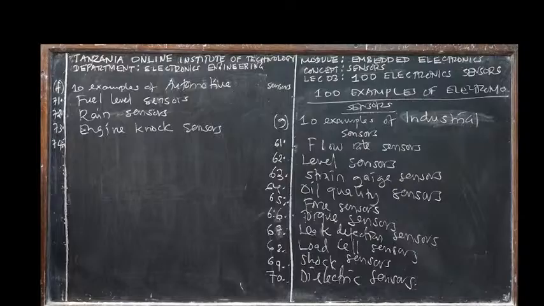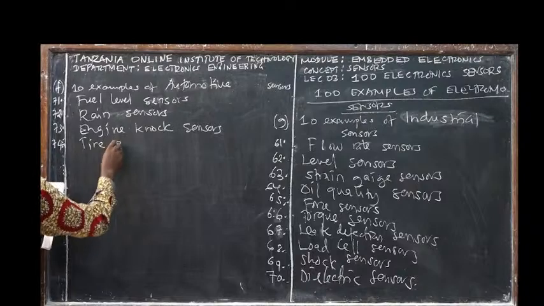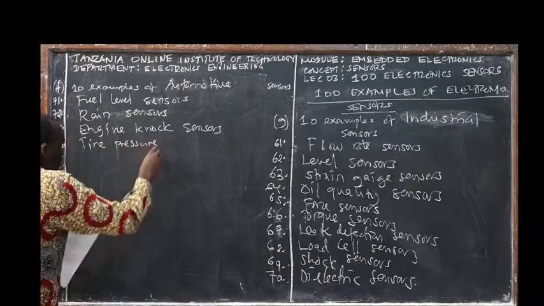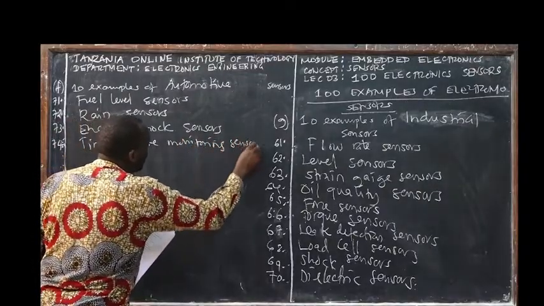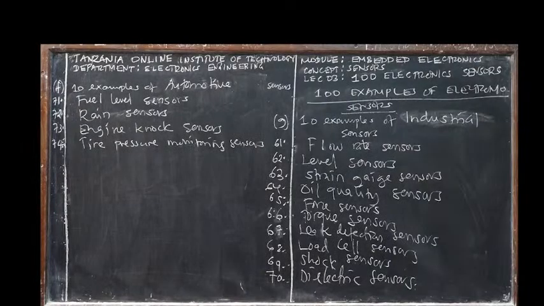The next example is called the tire pressure monitoring sensor. Say tire pressure monitoring sensors. Automotive is more than cars: train systems, ship systems and so on.